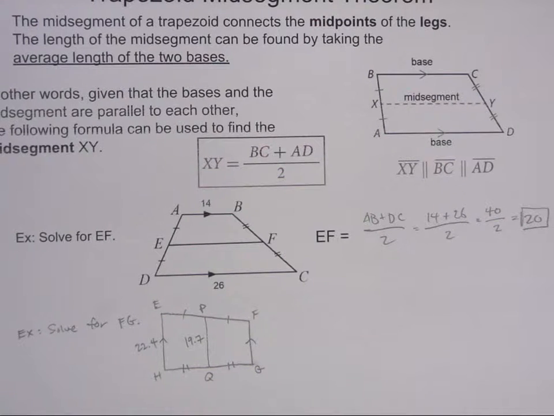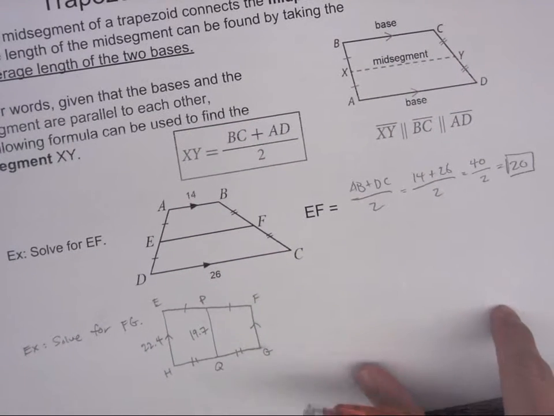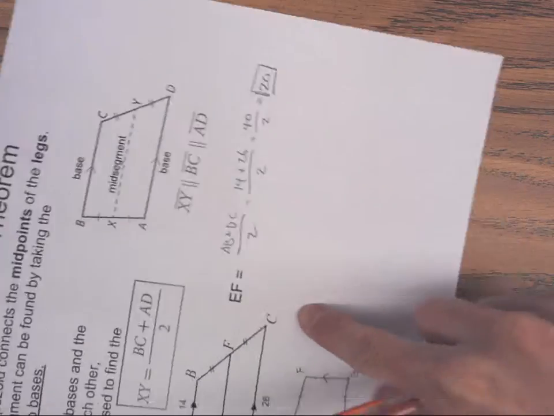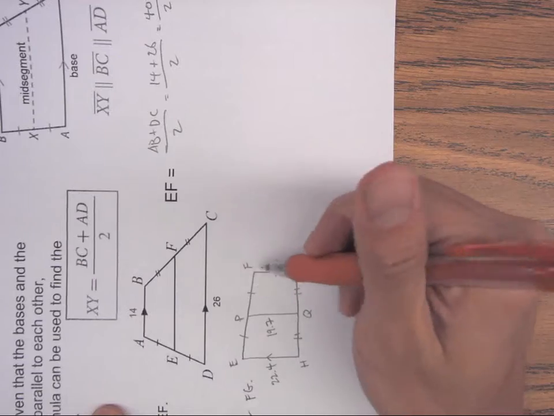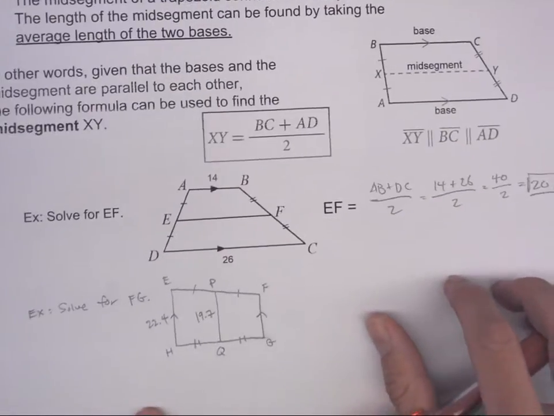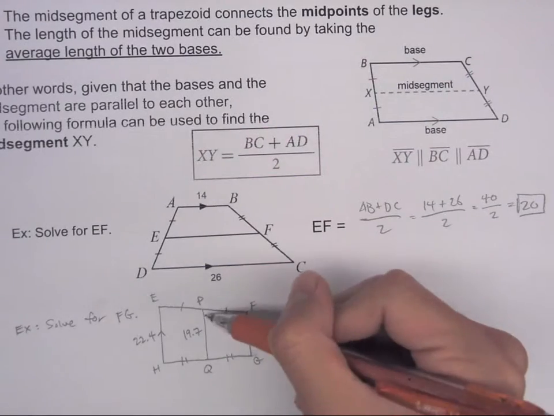Alright, so now you want to solve for FG. So now you kind of have to play with the variables around. So this is basically this on its side, so it's going to look like that. In order to solve for FG, you can also create a formula.